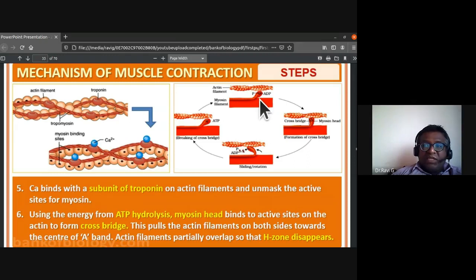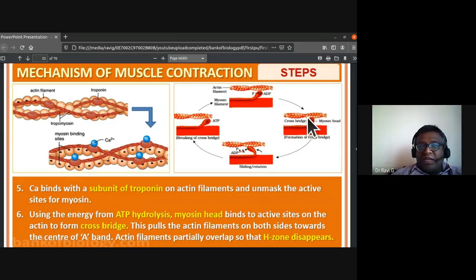Using the energy from the hydrolysis of ATP, the breakdown of ATP, the myosin head, the heavy meromyosin, HMM, binds to the active site on the actin.